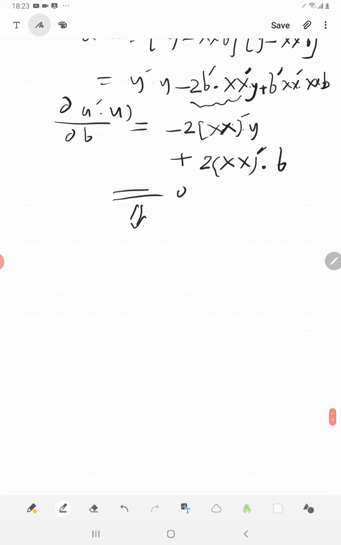This will give you the least mean squares of U, okay? So we solve this equation.